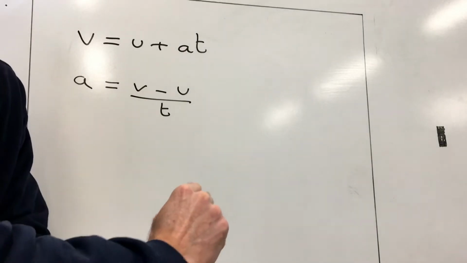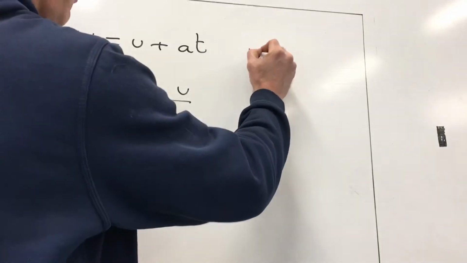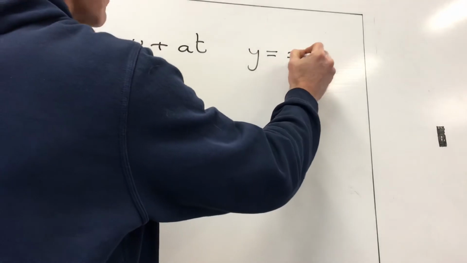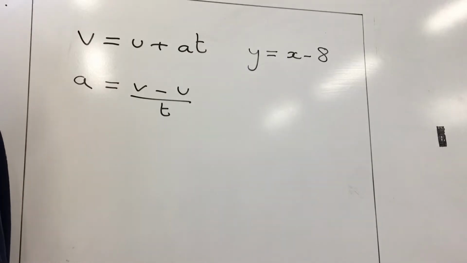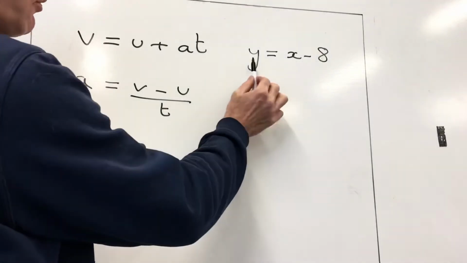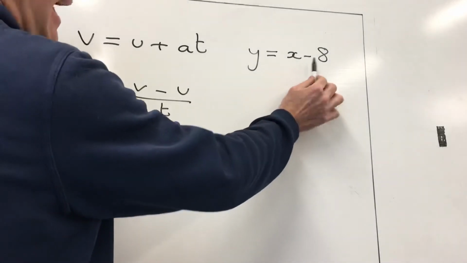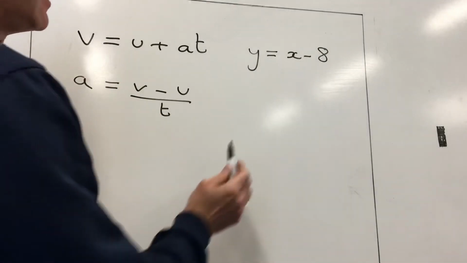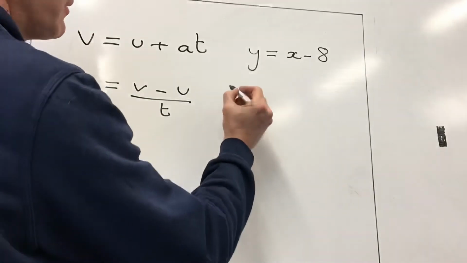Okay, we can start off with a simple formula such as y equals x minus 8. And the question would be, make x the subject of the formula. At the moment, y is the subject of the formula. But if I add 8 to both sides, the minus 8 will disappear from that side and will appear on this side.